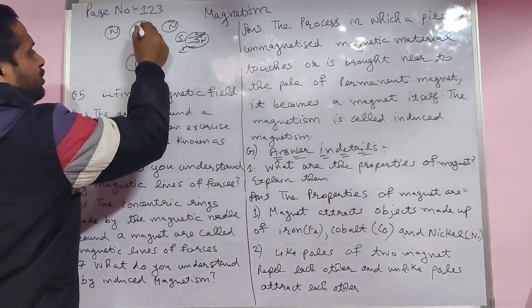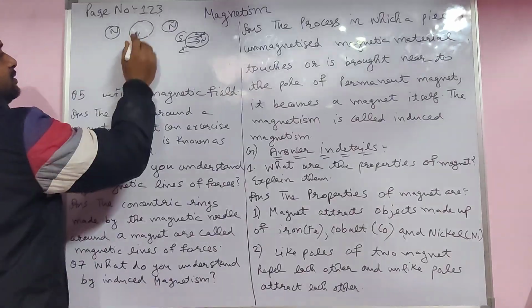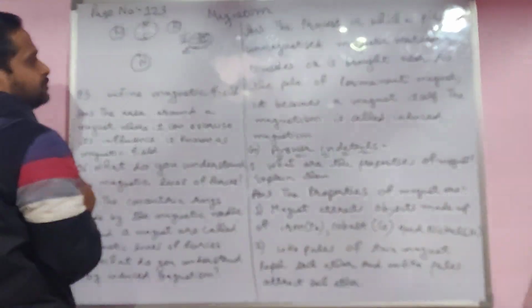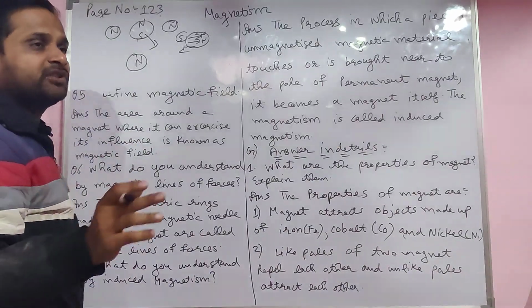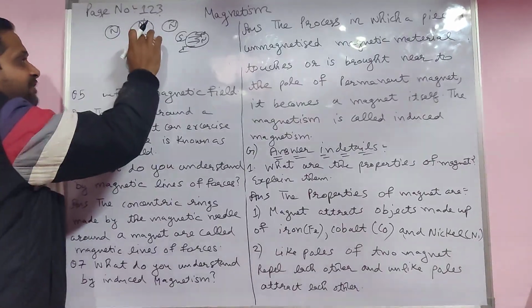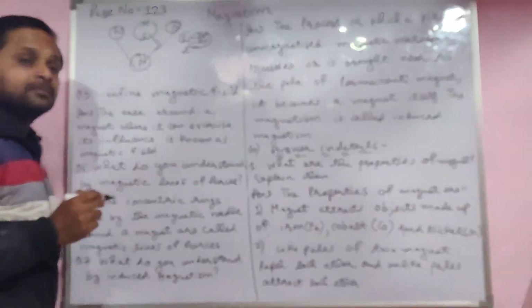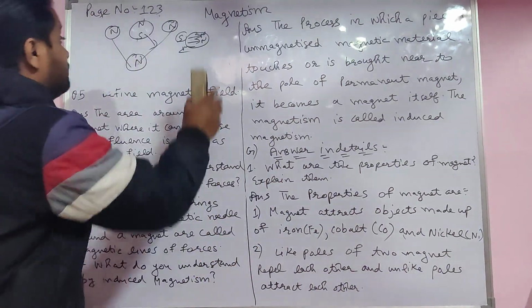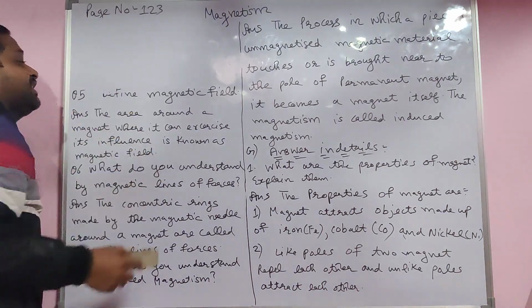Due to this it also becomes magnetized, so here south will come, here north will come. So a neutral body, whether or not it has poles, shows attraction. But repulsion is fixed. That's why repulsion is the sure test of magnetism.